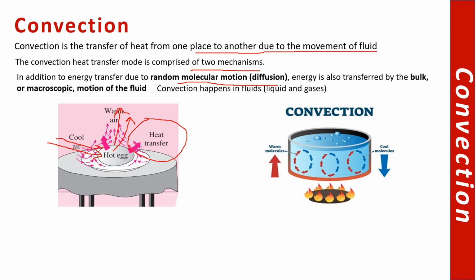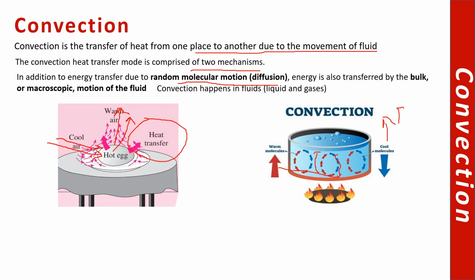Similarly, whenever we boil water, the hot molecules at the lower region of the pan move upward and the cool molecules move downwards because of the density change. In this way, the entire water starts boiling at 100 degrees Celsius when the atmospheric pressure becomes equal to the vapor pressure.